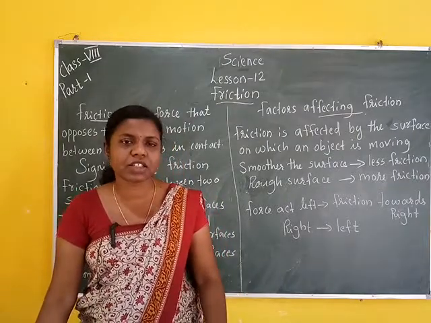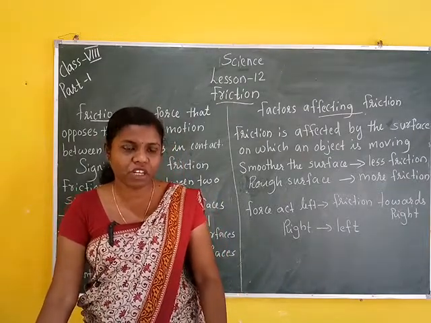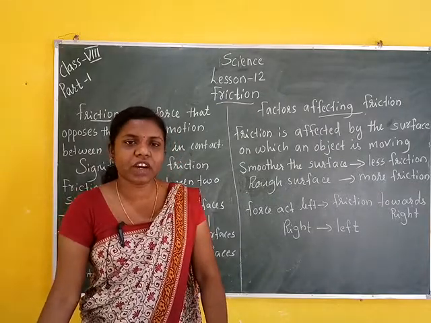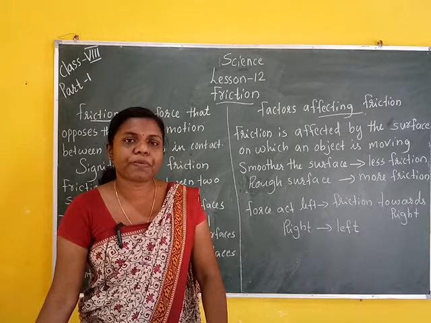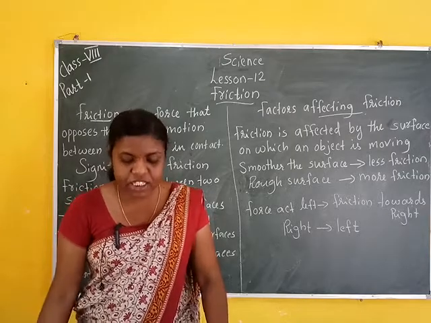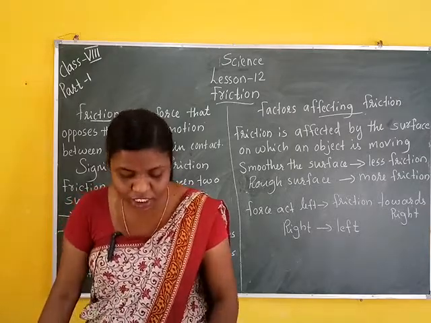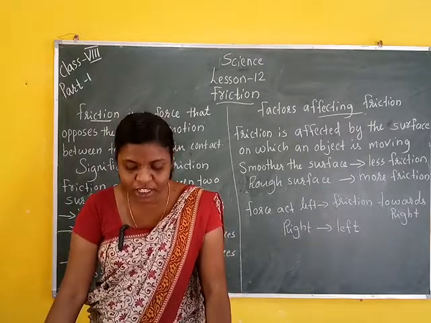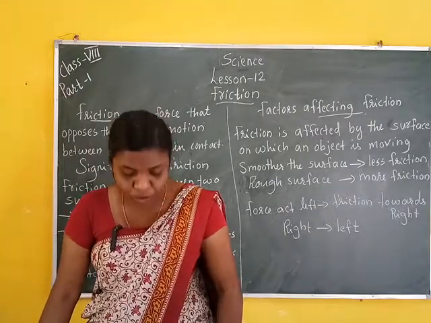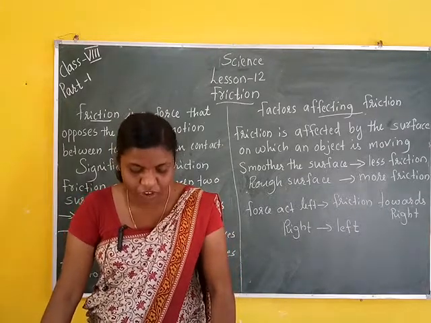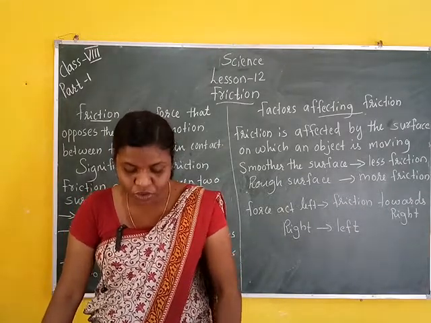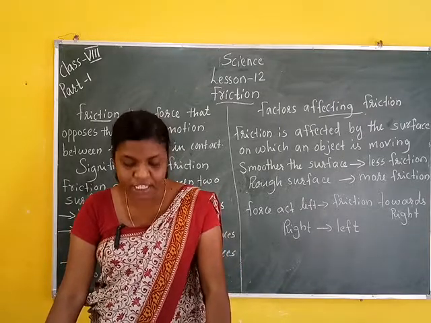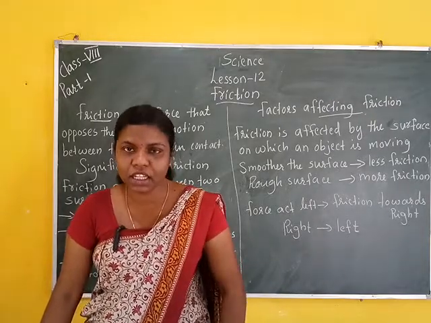Then friction is a necessary evil. That means it has both advantages and disadvantages. Why is the surface so important in determining friction? Friction is a result of irregularities in the surfaces of the bodies in contact. When one body is brought into contact with another, the irregularities on both surfaces get interlocked.